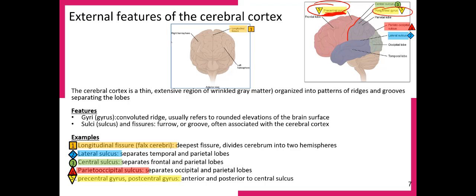The ridge that is immediately behind the central sulcus is called the post-central gyrus. So the post-central gyrus is part of the parietal lobe. The pre-central gyrus is part of the frontal lobe. And again, we'll talk more about that as we go along.